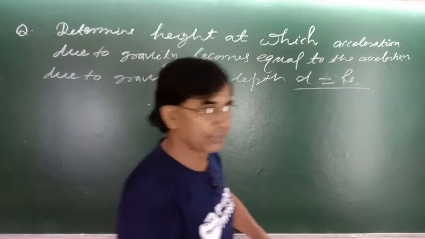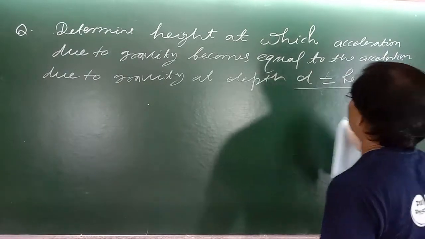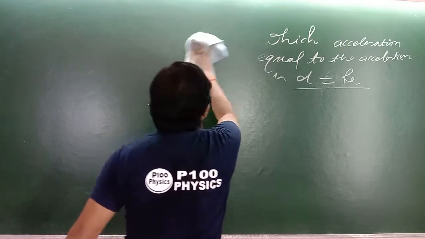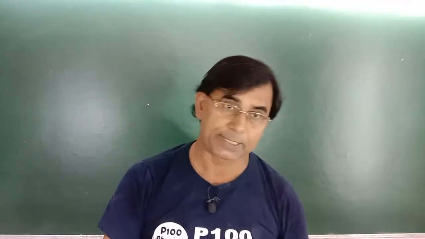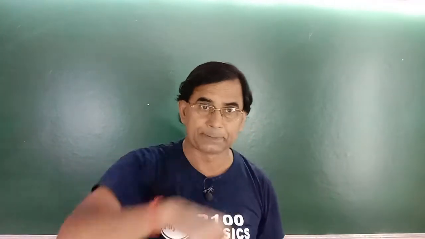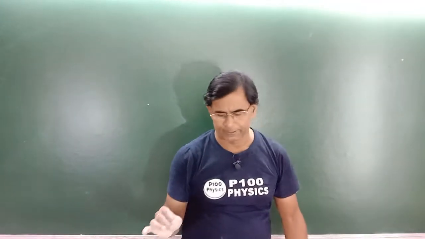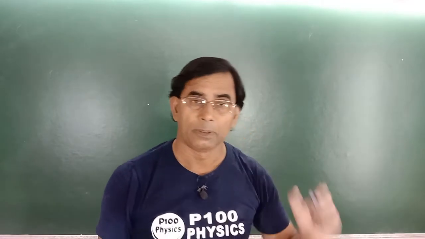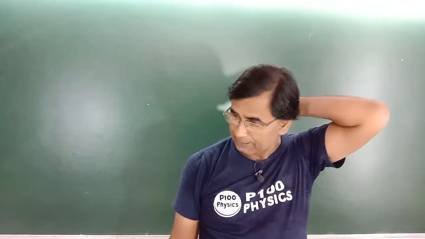Okay, check your answer. Since you have studied the variation of the acceleration due to gravity, there are three more important factors on which the acceleration due to gravity depends.